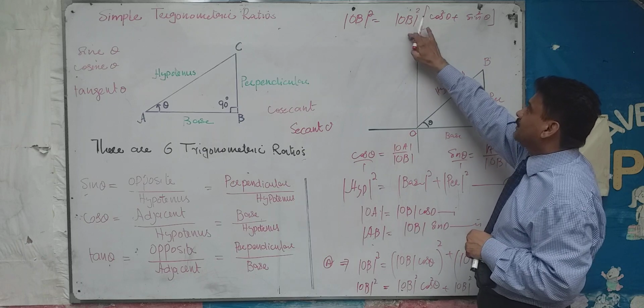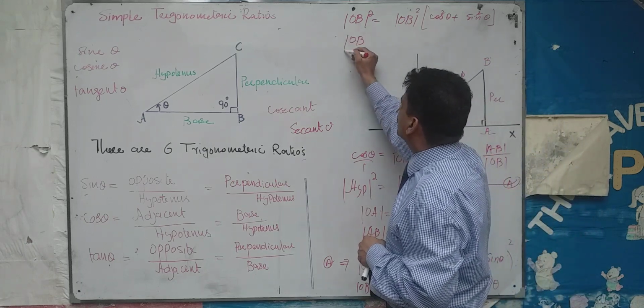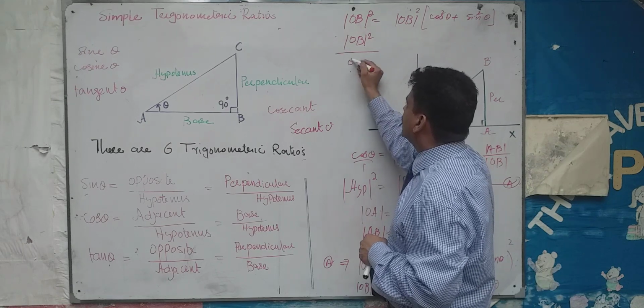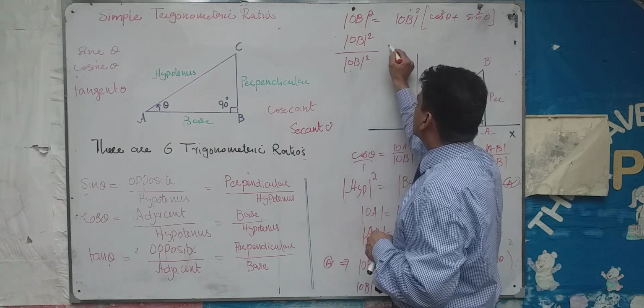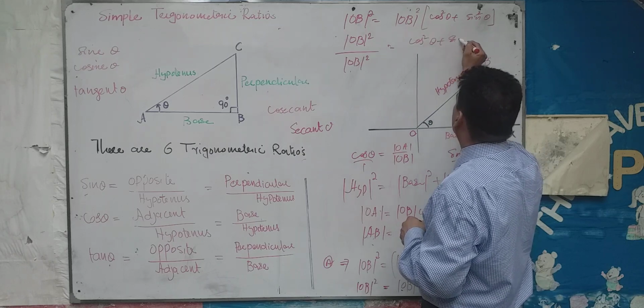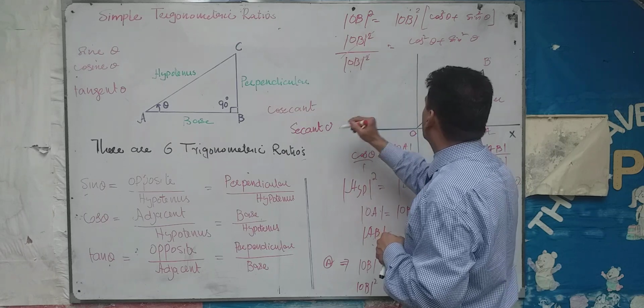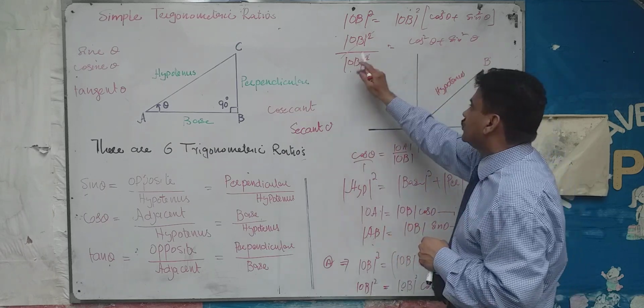OB squared multiplied by this; we write OB squared over OB squared will be equal to cos squared theta plus sin squared theta. These will cancel each other, so we get cos squared theta plus sin squared theta is equal to 1.